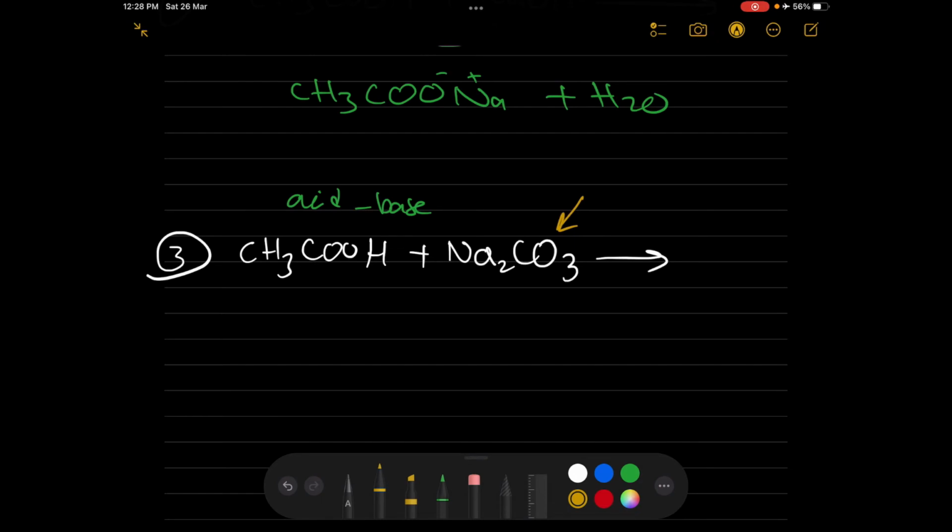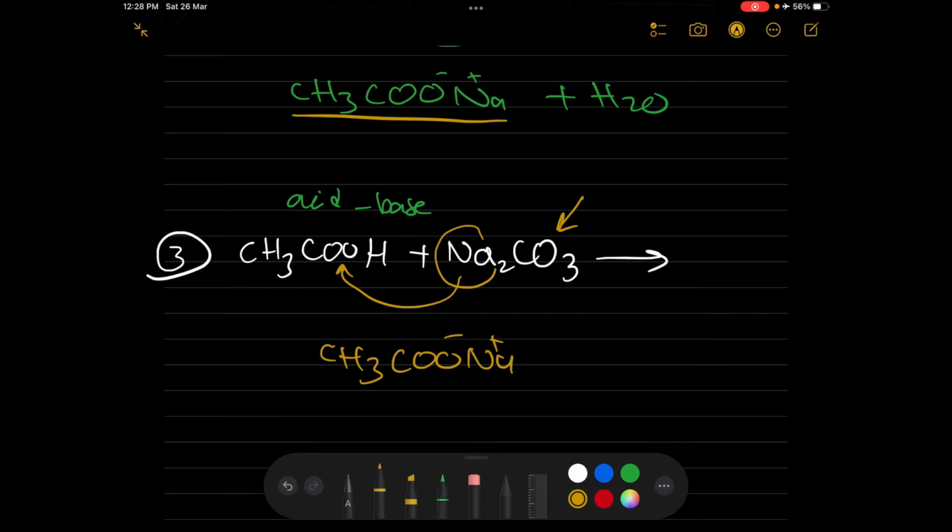So the product will be, the Na will combine to this one, and we will have the same salt as here, CH3COONa, plus a water molecule and then carbon dioxide.